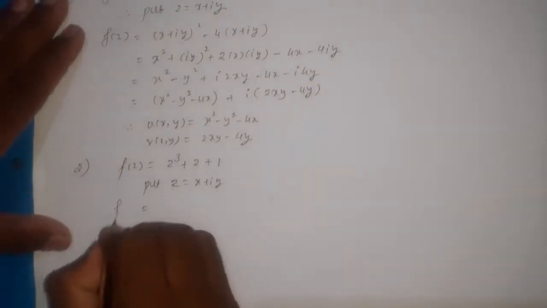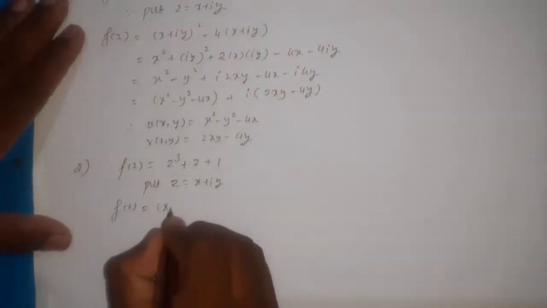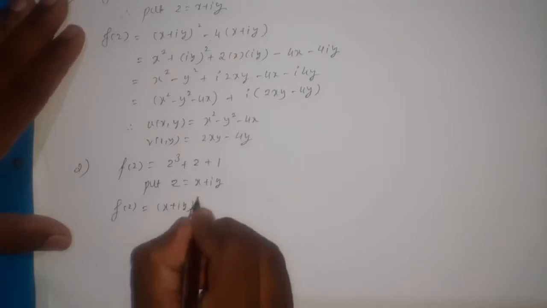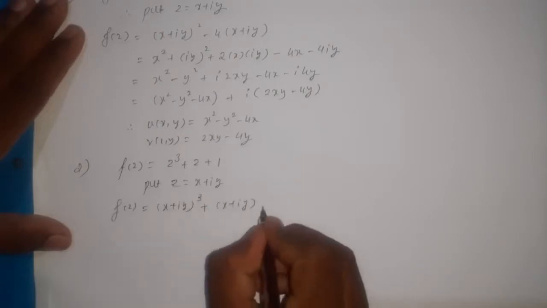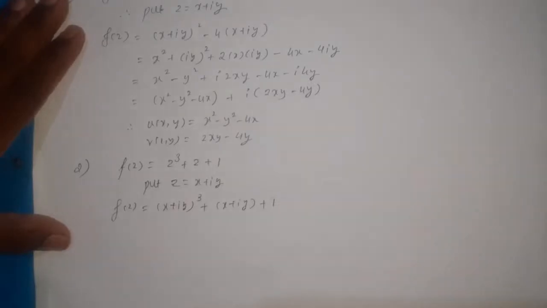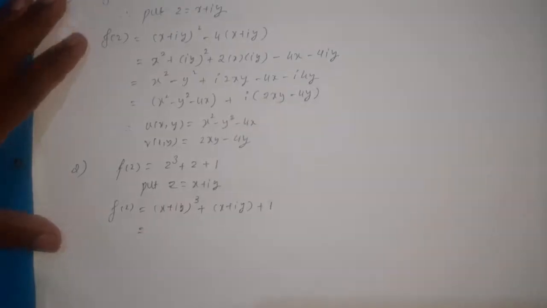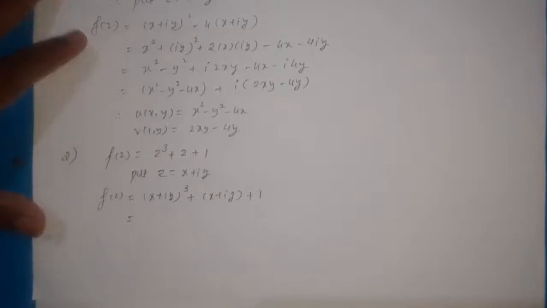So it is equal to x plus iy whole cube plus x plus iy plus 1. Now it is of the form a plus b whole cube, and the identity of a plus b whole cube is a cube plus b cube plus 3a square b plus 3ab square, right.